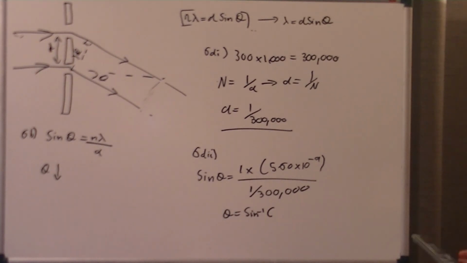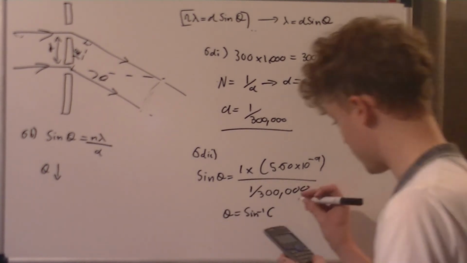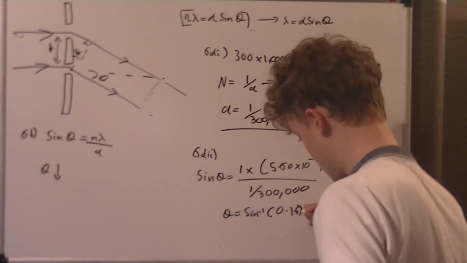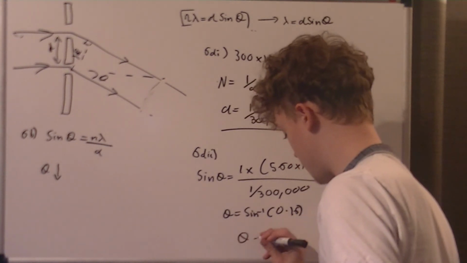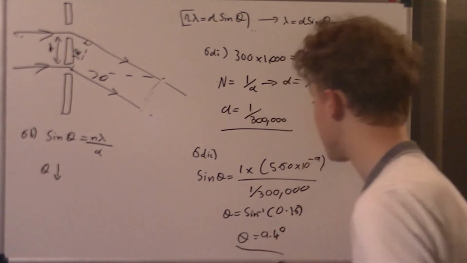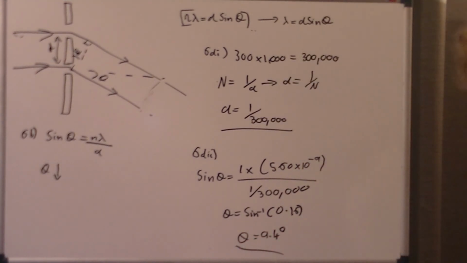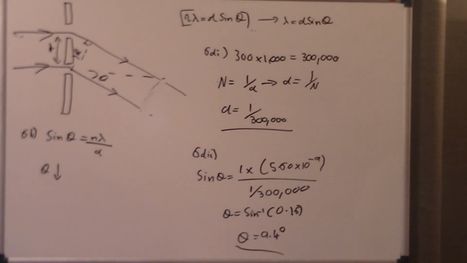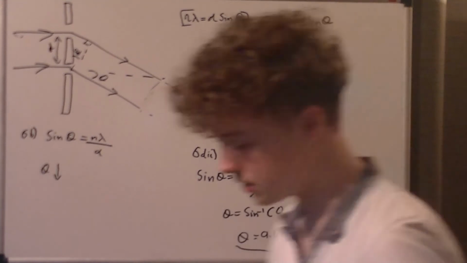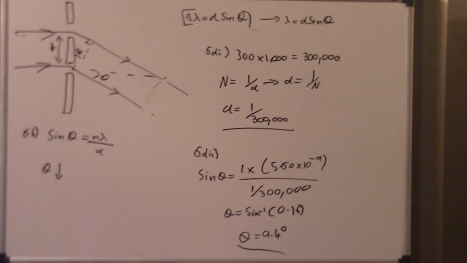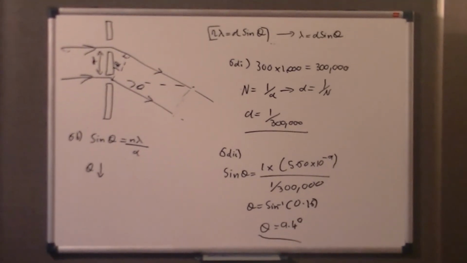We get 0.16, and we sine inverse that, we get theta is equal to 9.4 degrees, I think. You might get 9.6, but between 9.4 and 9.6 is what we allow. That's your 6d part 2. That's the end of question 6. Hope you've enjoyed this tutorial video, and we'll see you in the next chapter.